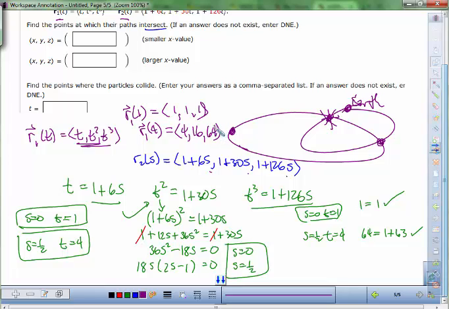If we put s equals 1/2 into the R2 function, I'm going to get the same point. All right, so that's it. The smaller x value is 1, 1, 1. The larger x value is 4, 16, 64. Pretty cool, huh?